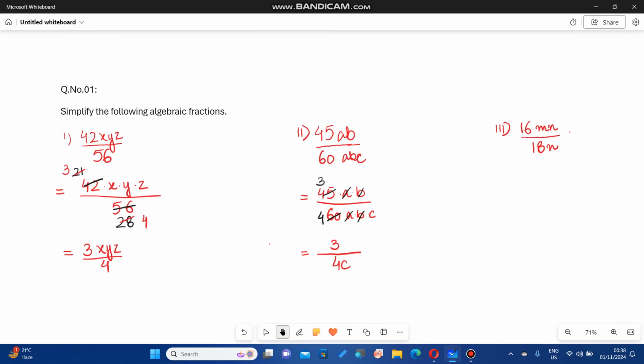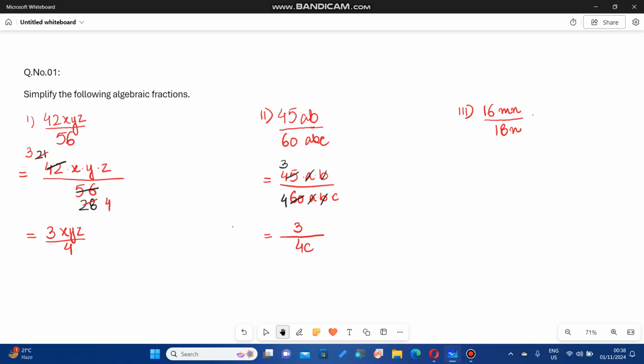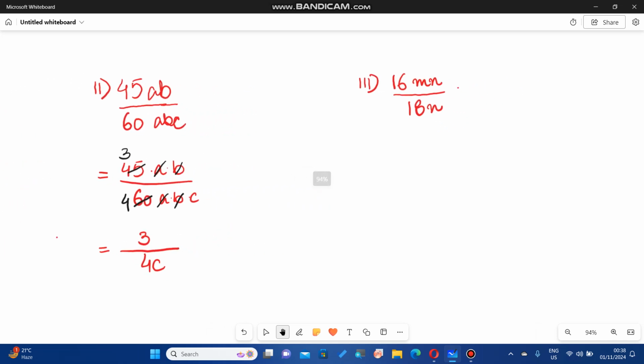Correct. Now we have our third question. We have 16mn divided by 18n. We're going to write 16 times m times n divided by 18 times n. First, moving on to the variables, we have n that is common in numerator and denominator. We cannot cancel m.